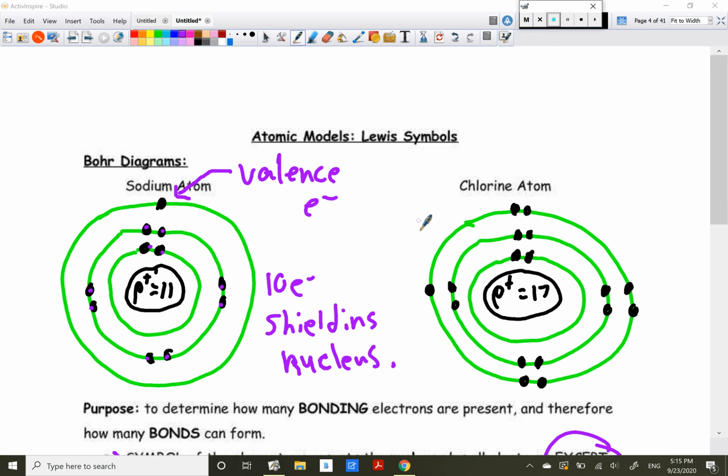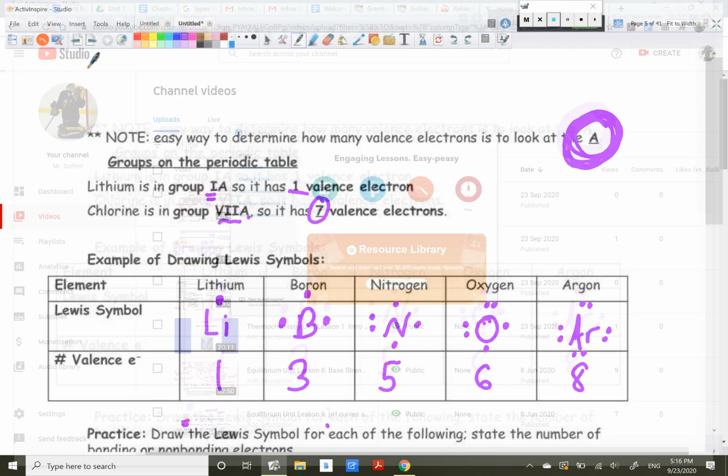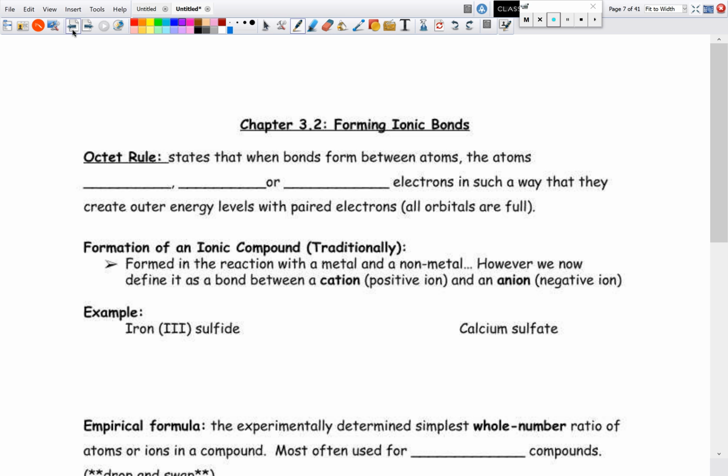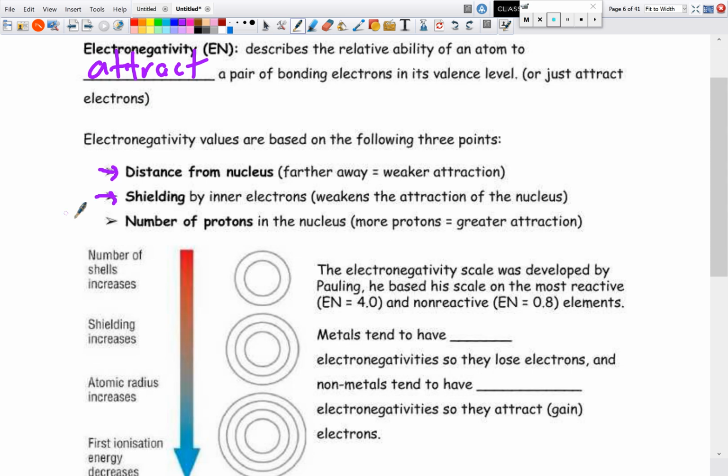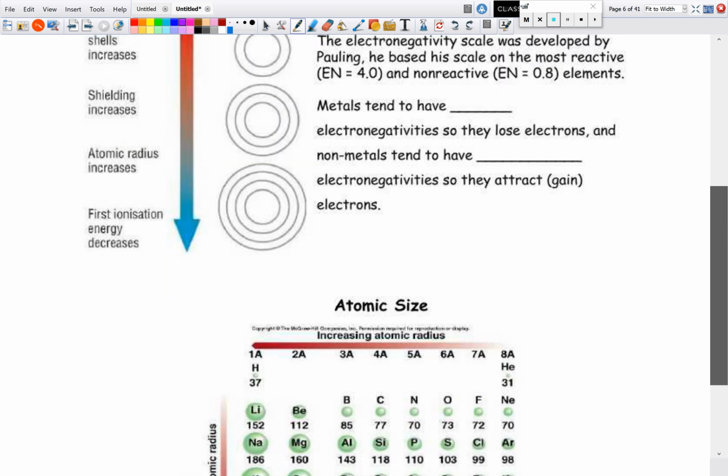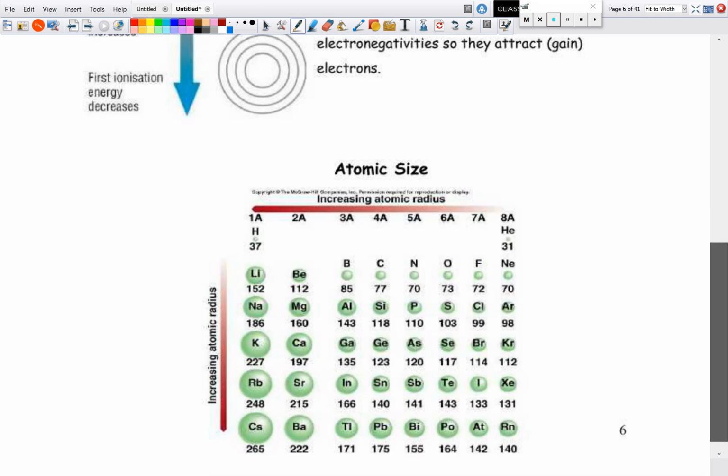These 10 electrons on the inside here, we're going to call these shielding electrons because they're blocking the nucleus from the valence or the bonding electrons. And last but not least, the number of protons will also affect electronegativity. So of course, the more protons, the greater the attraction. Now, these are just some trends that you'll notice when it comes down to atomic size.